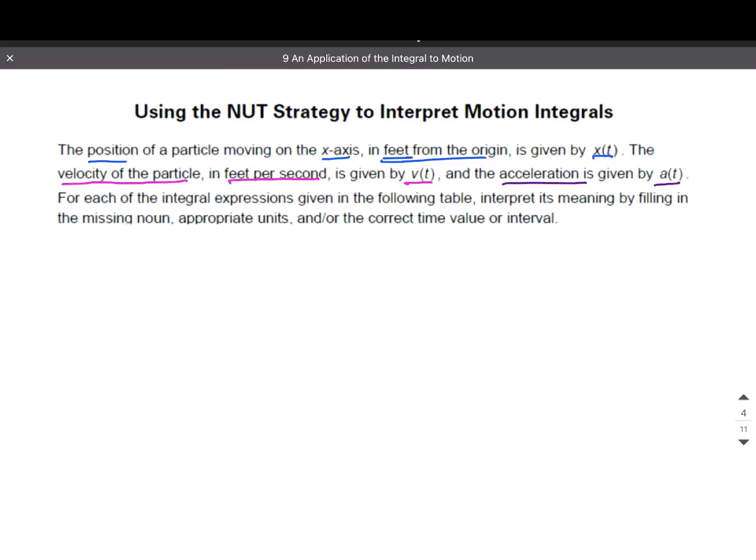We're going to use this information so that for each of the integral expressions given in the following table, we interpret its meaning by filling in the missing noun, the appropriate units, and/or the correct value of time or the time interval. So noun, units, and time.